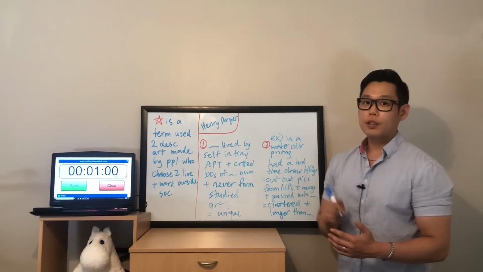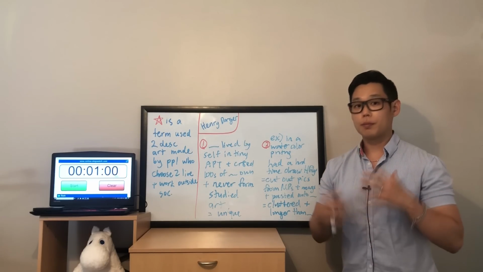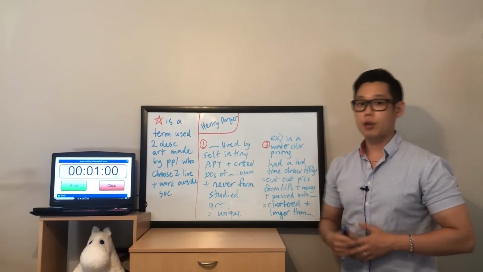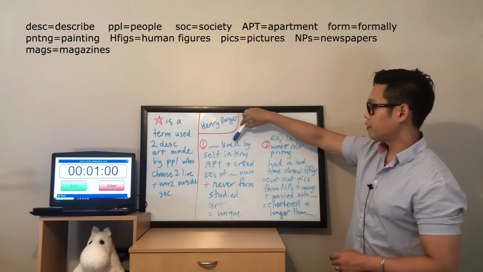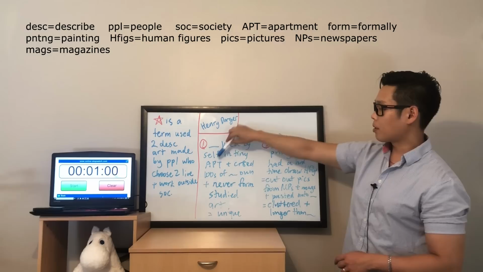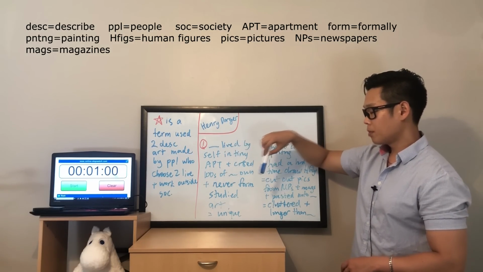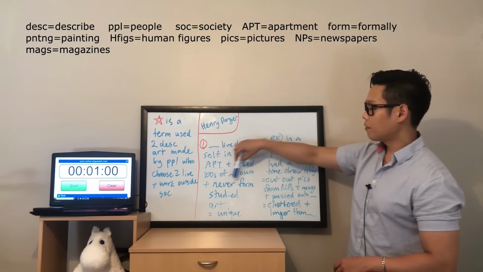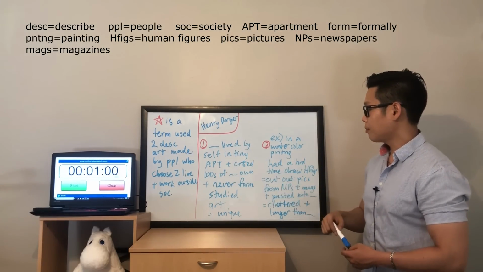All right, now in this lecture, the professor provided us with one example, and this example was about an artist named Henry Darger. Now let's take a look at my notes. Henry Darger lived by himself in a tiny apartment and created hundreds of paintings on his own. Plus, he never formally studied art, so his works of art were very unique.